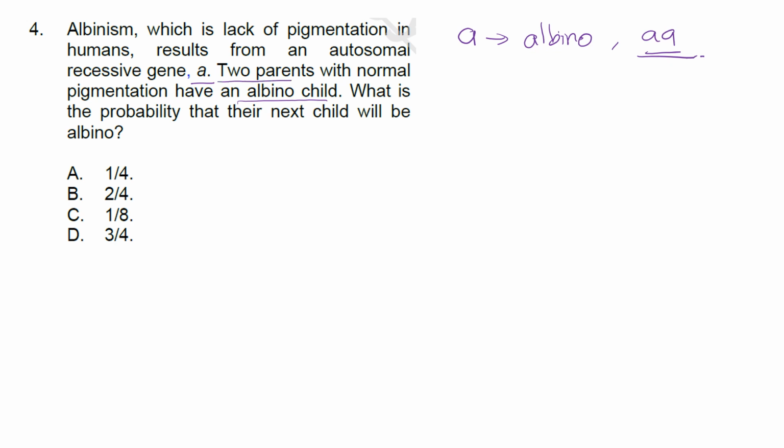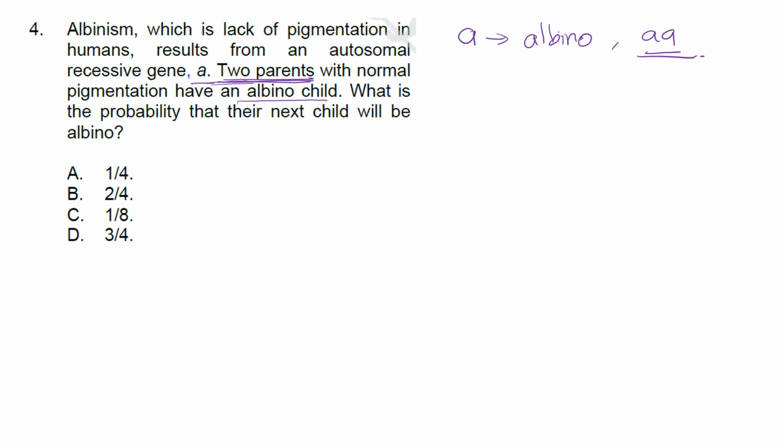So when two people have normal pigmentation on their skin, but when they have a child, they find out that their child is albino, it means that these two individuals are actually heterozygous because they carry the recessive a allele that will exhibit the albino phenotype.